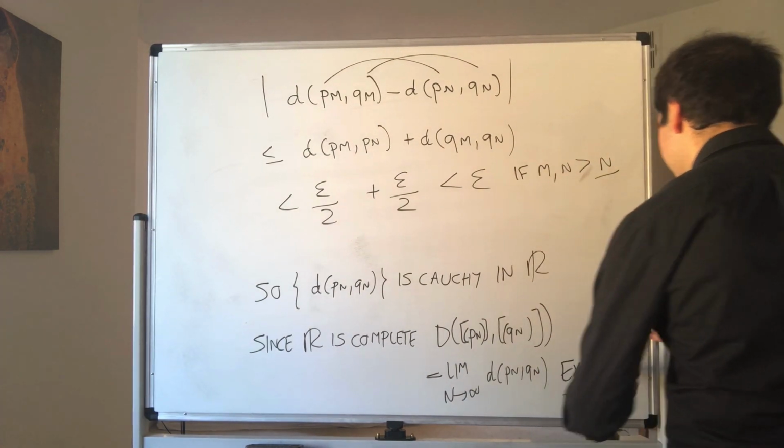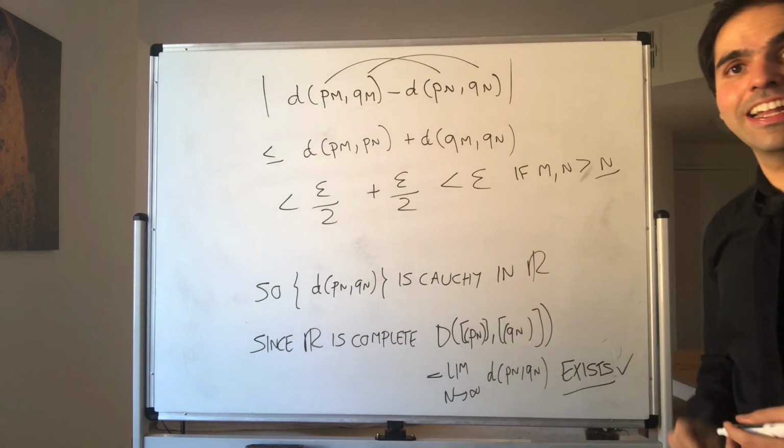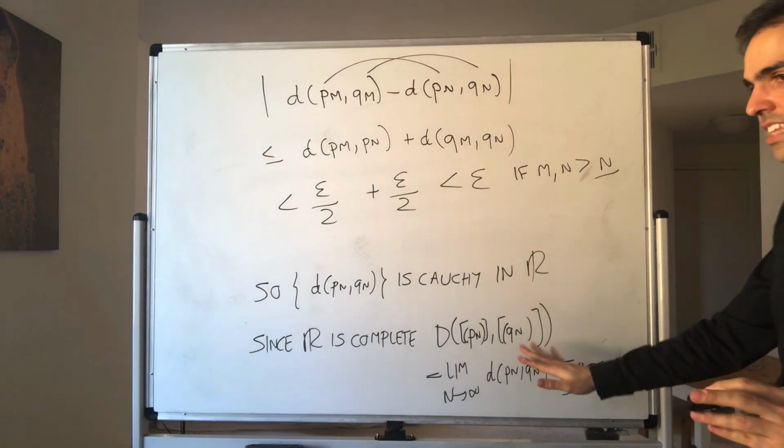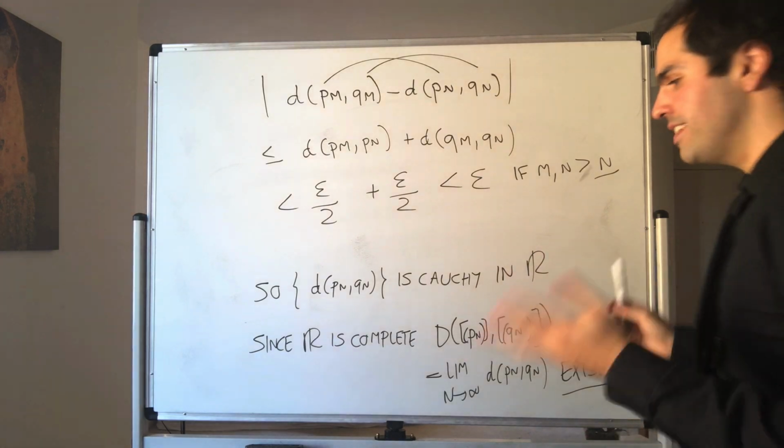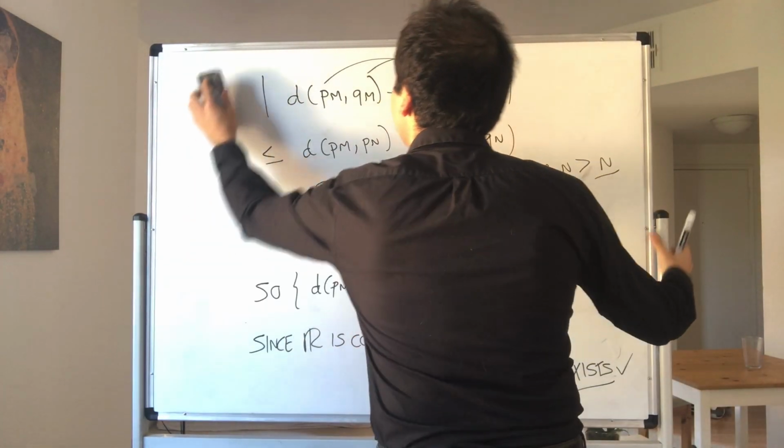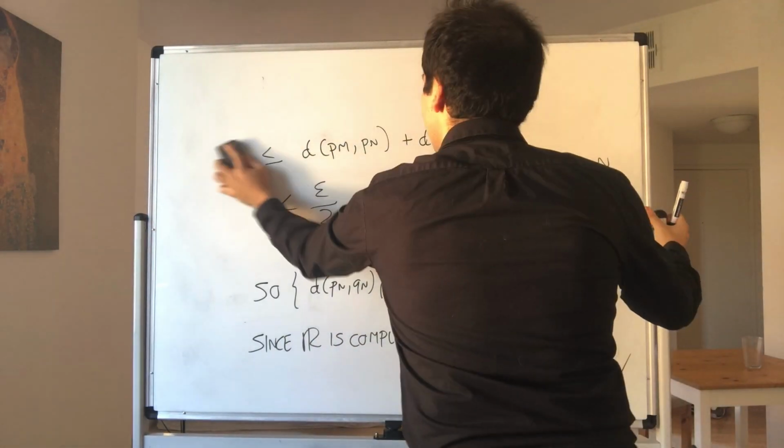So the limit exists, and moreover by existing we mean finite. Alright, so that's good, and then let's also show that it's independent of the choice of the sequence.